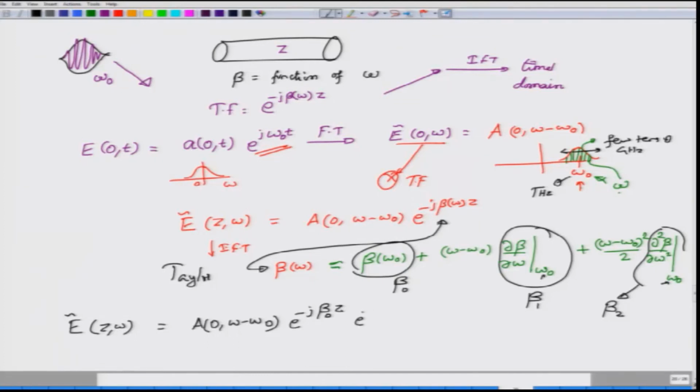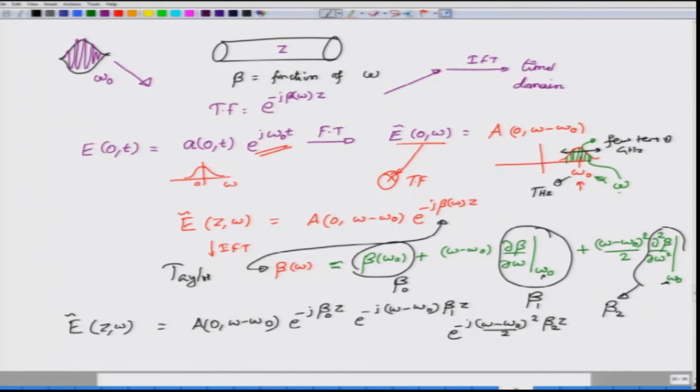Then you have the next term, e power minus j omega minus omega 0 beta 1 z. Please remember, beta 1 means the first derivative of beta with respect to omega. The next term will be e power minus j omega minus omega 0 squared by 2, times beta 2 times z. Okay. So, this is the transfer function.